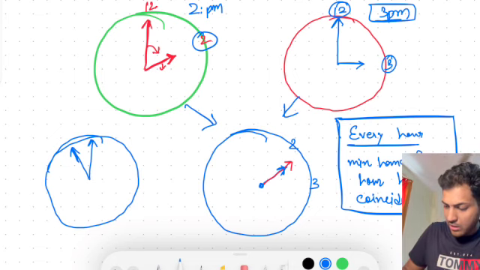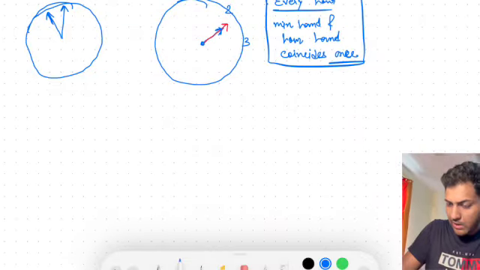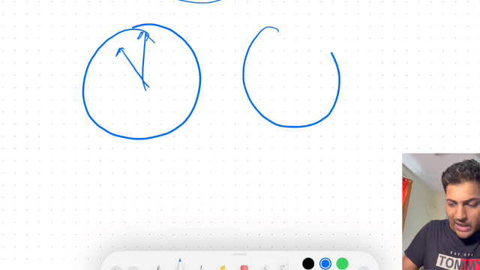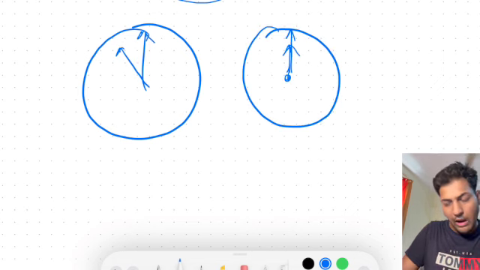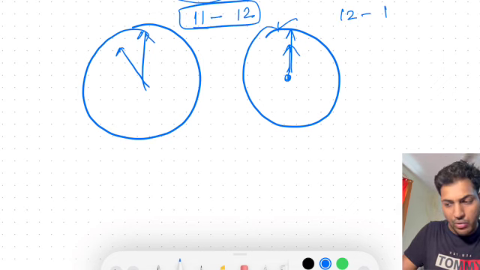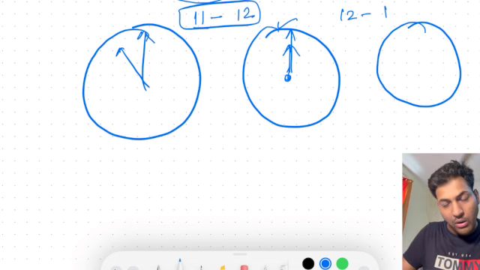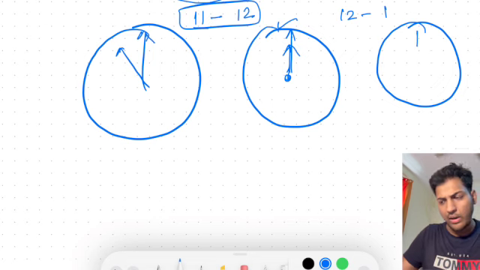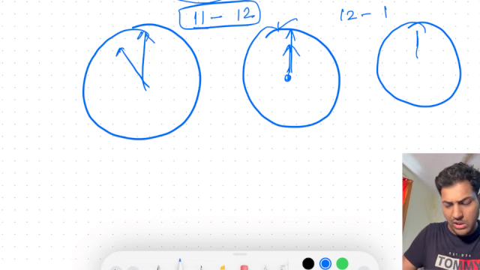So after 11, they coincide at 12 only, and in between 12 to 1 they again only coincide at 12.